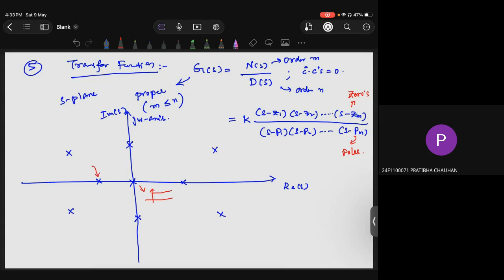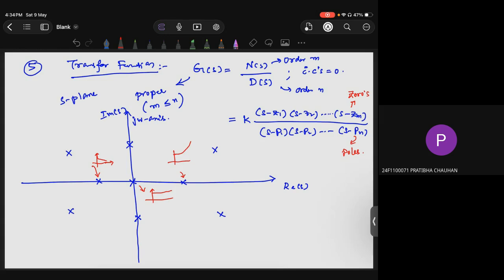The pole is at a negative value, which means 1 by s plus a. How does the response look? The response would be exponentially decreasing. Similarly, in the opposite way, the response here would be exponentially increasing.